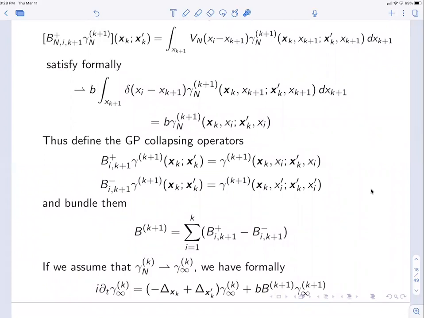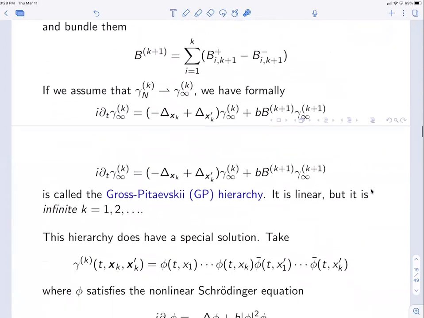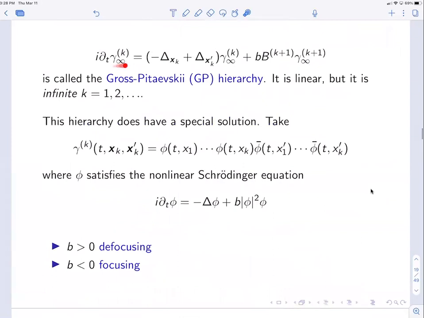So if we were to assume in some reasonable sense that gamma n k converges to something that we call gamma infinity k, that thing gamma infinity k should solve the equation where the potential part term has disappeared, but the Laplacians have carried over, and then the interaction has now given us this new Gross-Pitaevskii type interaction. And so that equation is also a coupled hierarchy.